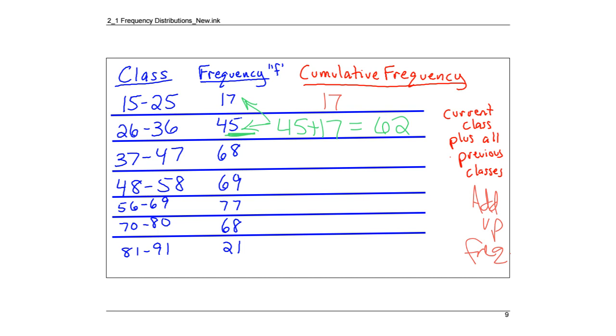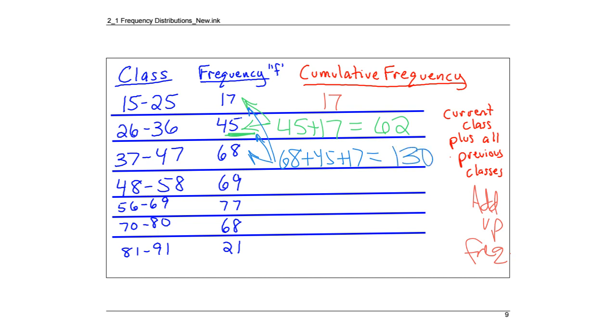Yep, I think so. Okay, so that's my cumulative frequency, 62. Let's go to the next one. The next one, I want not only my third row, but I want the rows before. So I have 68 plus 45 plus 17. And that gives me 130.